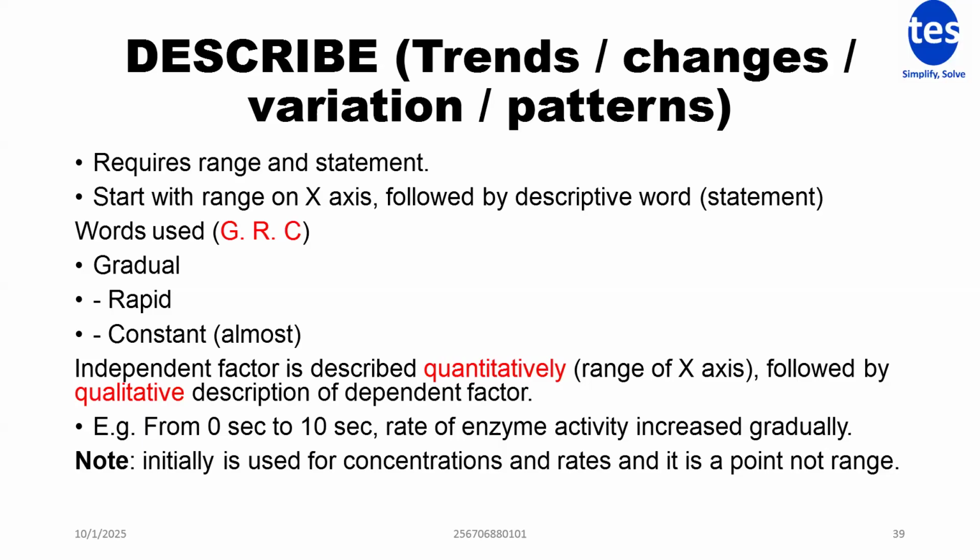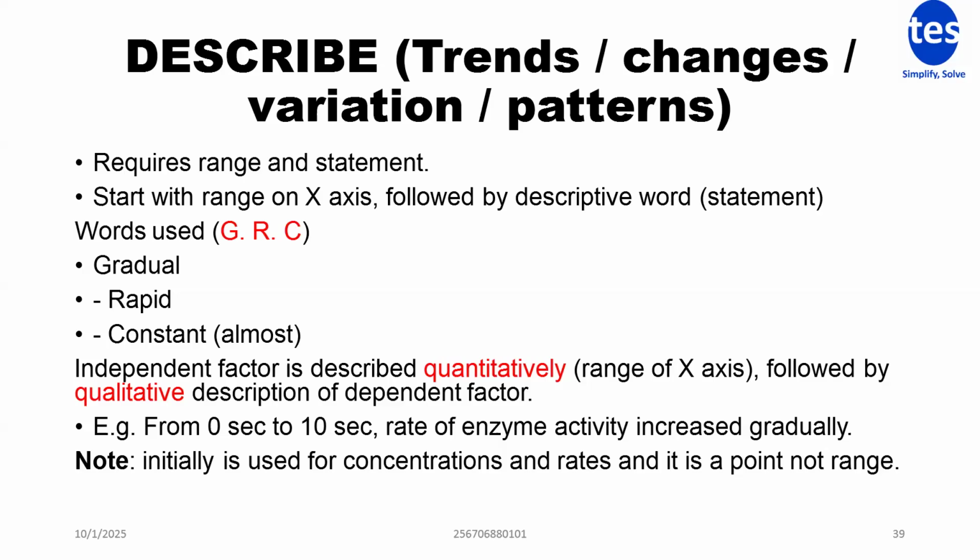Okay? Now, there is also another key important question on when to use initially and when not to use it. We only use the word initially if we are dealing with the concentrations or we are dealing with rates. Now, in that case, if you're dealing with concentrations or rates, there you should start from initially.